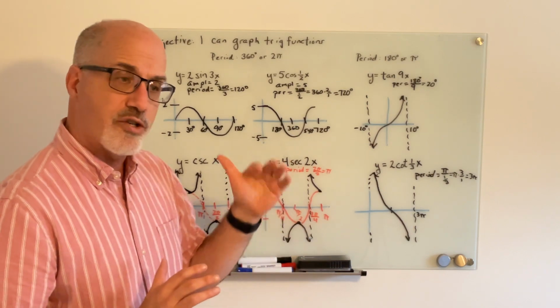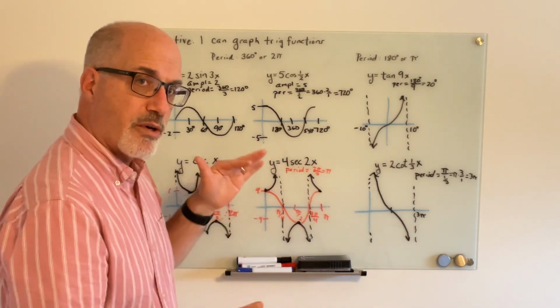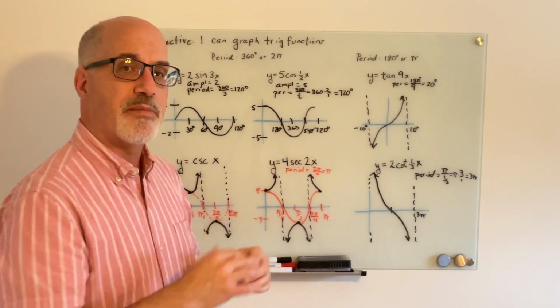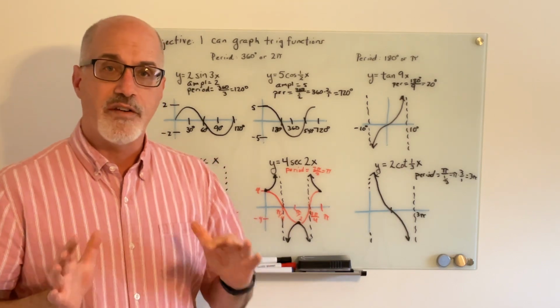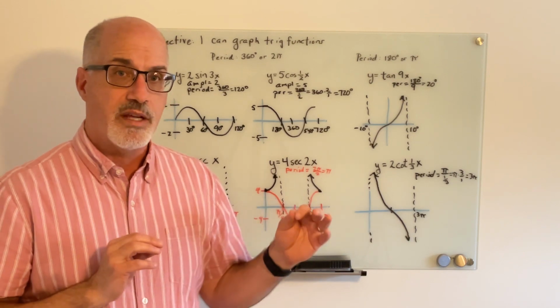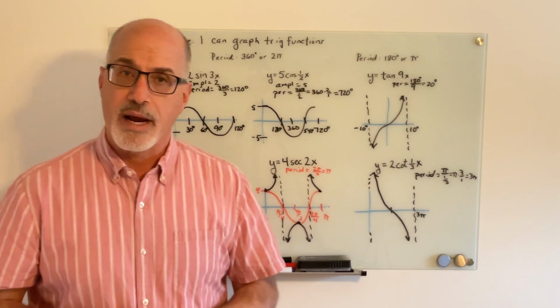Or here, it will influence the reciprocal graph, and then we'll graph this one to just go from the minimums and maximums. So look for the standard shape of each of them, as well as the standard period of it, and maybe the amplitude, and then draw your graphs from there.